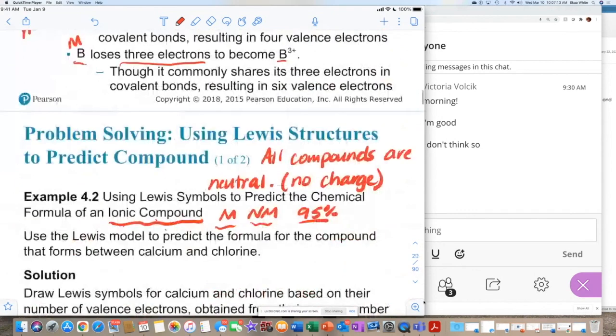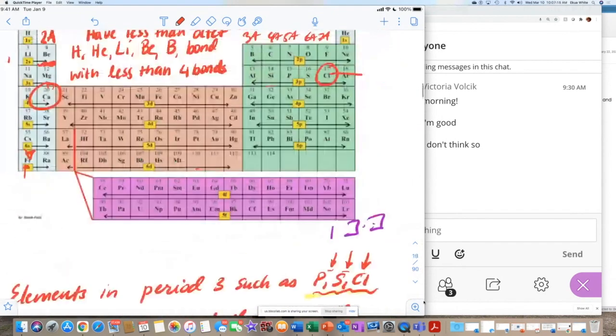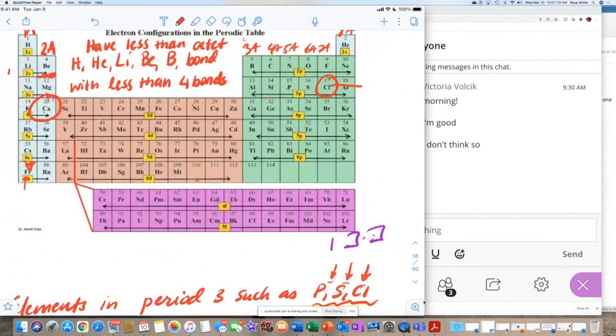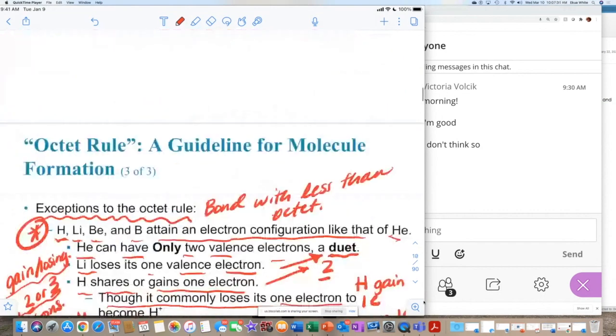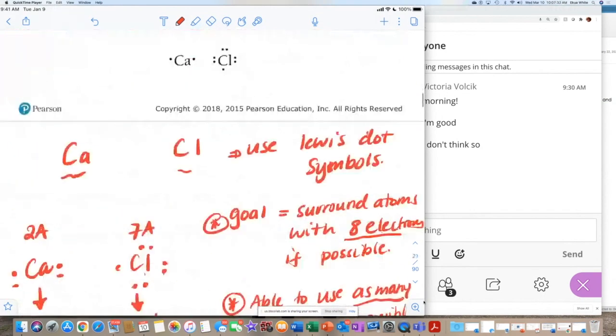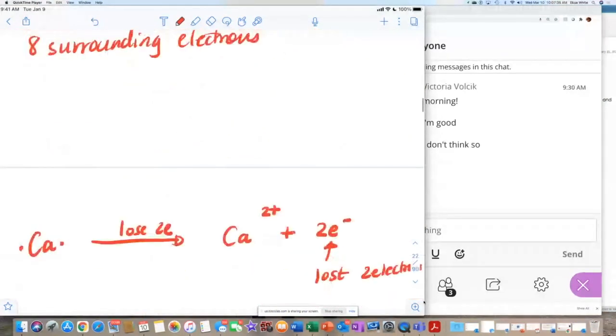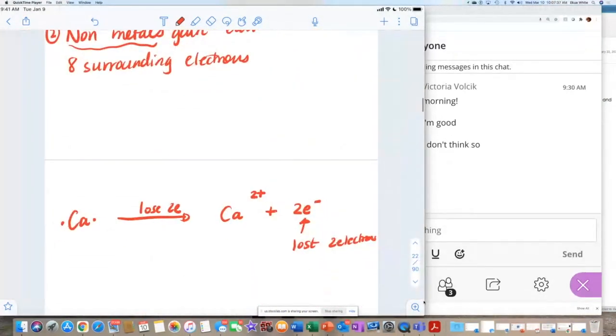Let's go back here. I need to copy the periodic table again. Calcium is right here. Y'all see that, right? So calcium has 20 electrons and it's on the 1, 2, 3, 4 energy level, right? 20 electrons. That means calcium, being in energy level 4, essentially looks like this.